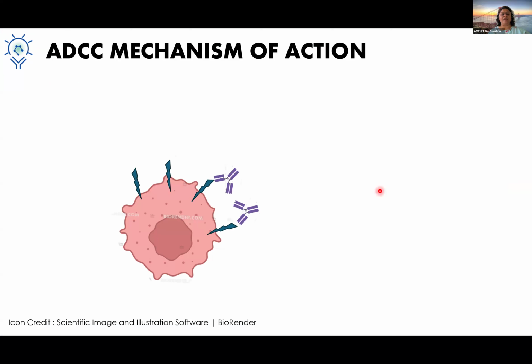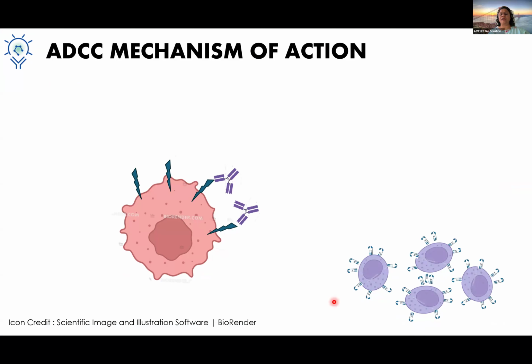Thus, the cancer cells get decorated with all these antibodies binding to the specific cancer marker. There are various circulating natural killer cells or effector cells that express Fc gamma receptors. They specifically identify the antibody-decorated cancer cell and bind to the Fc portion of the antibody.